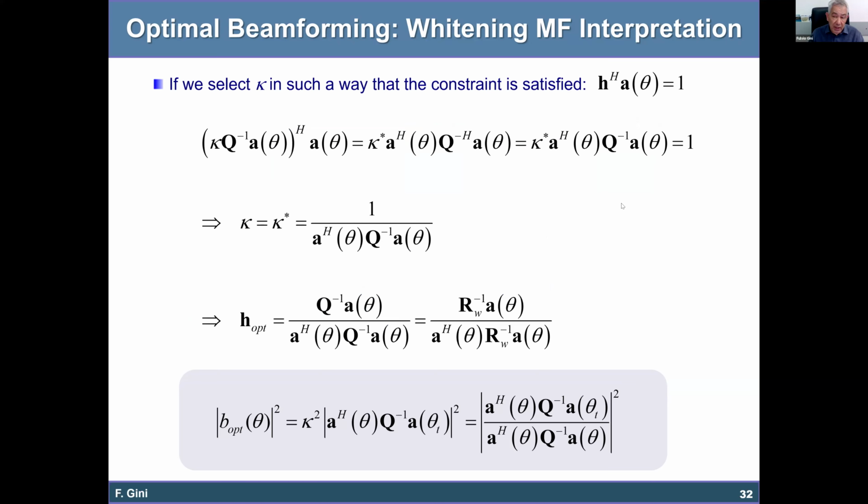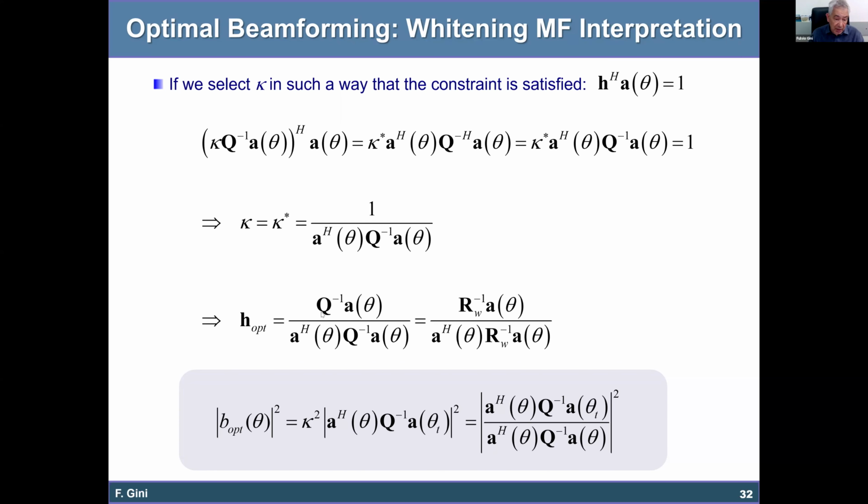The value of K that guarantees that this constraint is satisfied is 1 divided by A Hermitian, the inverse of Q, times A. So you replace K with this quantity, and so you find the expression of the optimal clairvoyant beamformer.